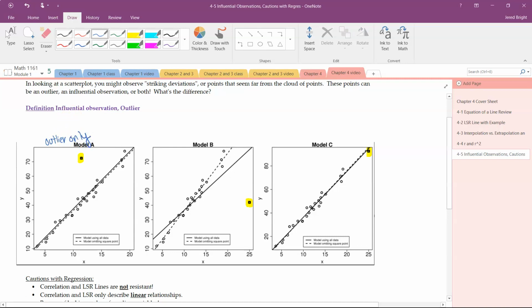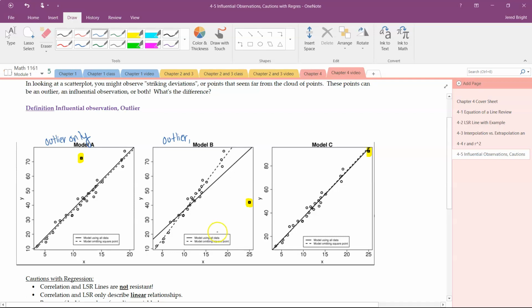Under model B, is this an outlier? Well, is it far from the cloud of points? I would say yes, so it's an outlier for sure. And in terms of an influential observation, does its removal or addition significantly change the correlation or the trend line that results?